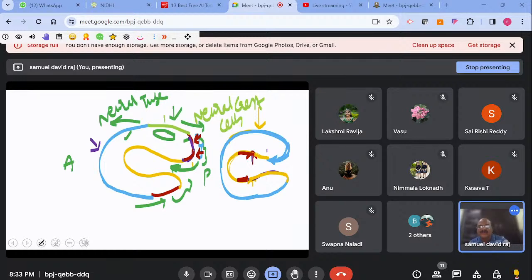nerve cord. Okay. So above which there is nerve cord and below which there is notochord. Even in our body plan, we have the same thing. When we see our body plan, this is the ventral side, starts with mouth and ends with anus.